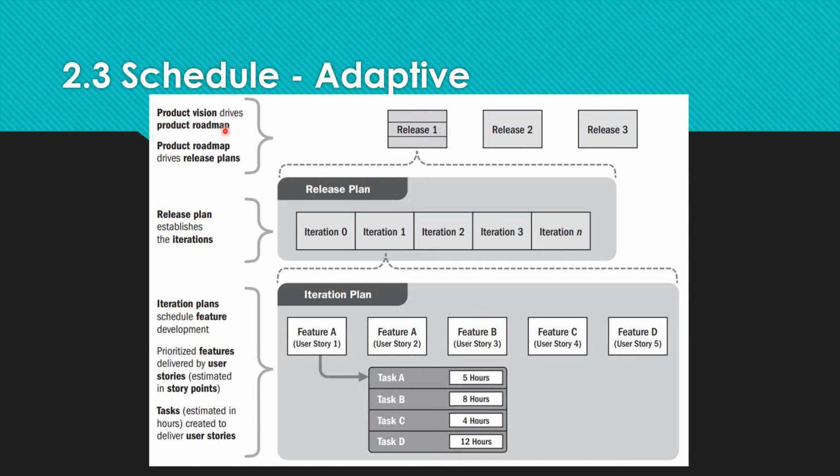The product vision drives the roadmap, which drives the release plans. The release plan establishes the iterations. The iteration plan talks about the stories to be developed, and it will further talk about the tasks involved in a particular user story.